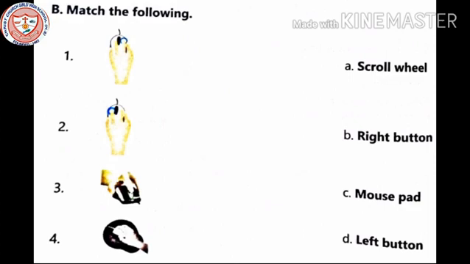You know which one is a scrolling wheel, which one is a right button, which one is a mouse pad, and which one is a left button. Give a bracket and write the correct numbers so that it looks clear and neat. It does not make the work untidy. Okay?